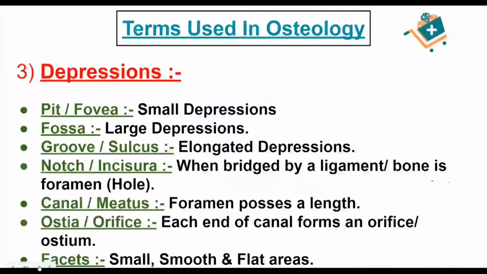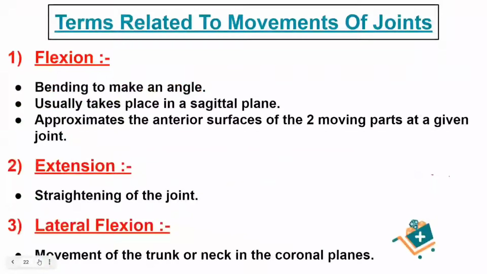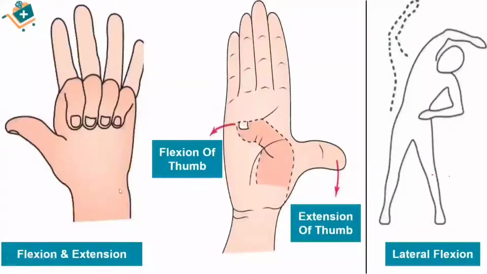So moving on, next slide. Now there are some terms related to the movements of joints, like flexion, extension, lateral flexion. Flexion means bending. See in this picture, and extension means extending.